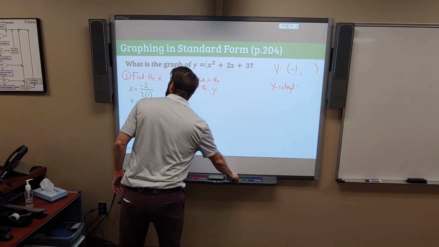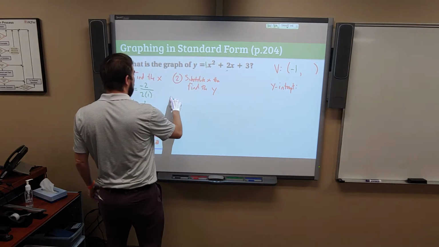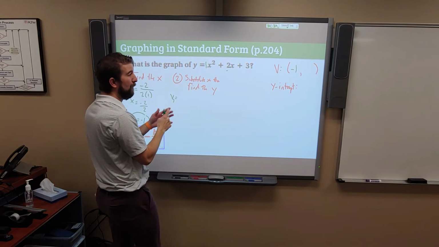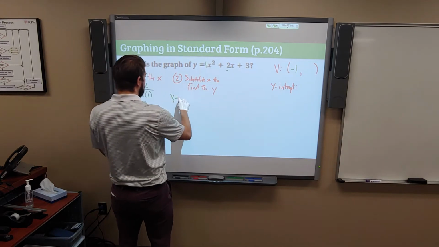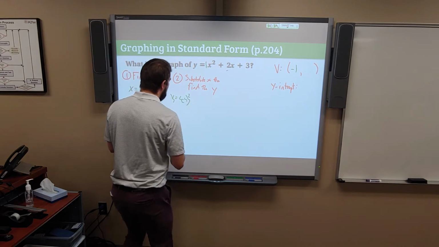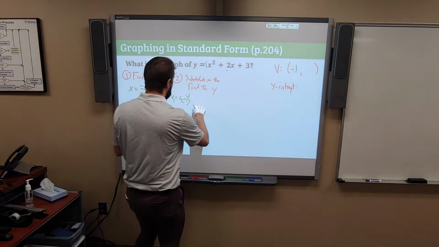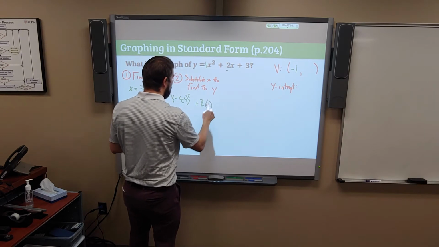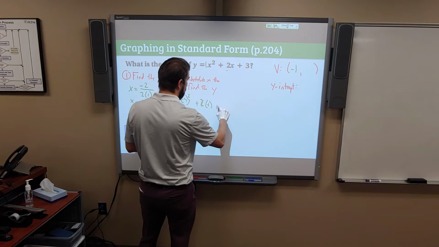Let's go ahead and do that. So I'm going to have y equals, and then if I see an x, I'm putting in a negative 1. Negative 1 squared, uh-oh, my calibration's all messed up. That's a negative 1, it looks like a squiggly. Plus 2 times negative 1 plus 3.